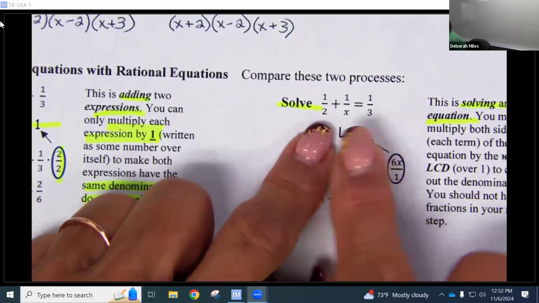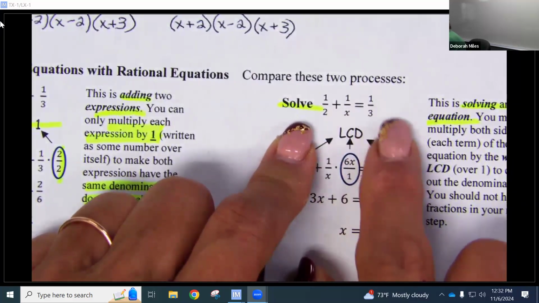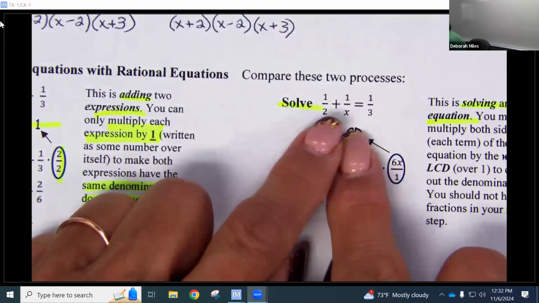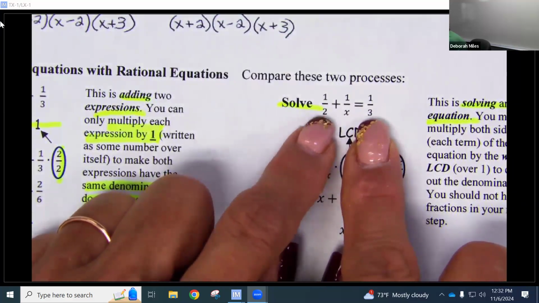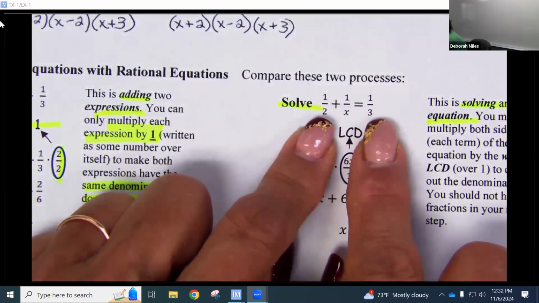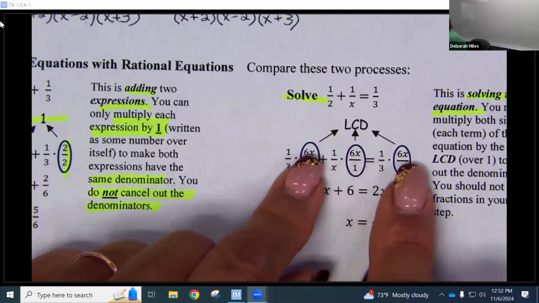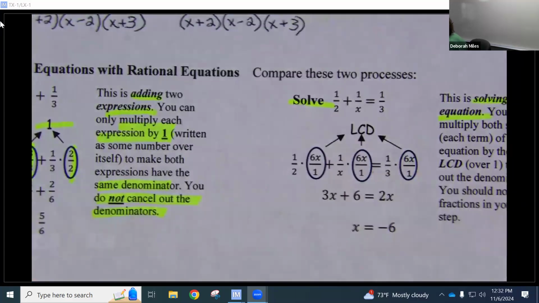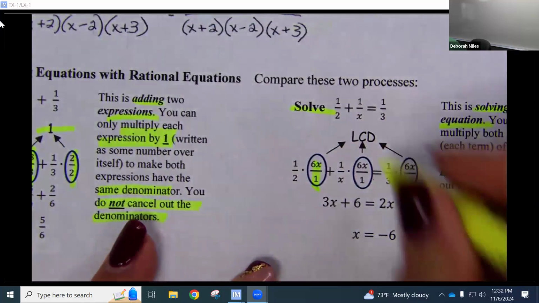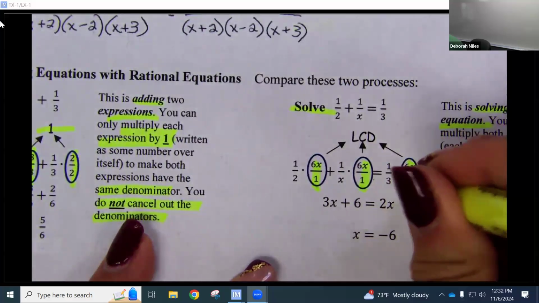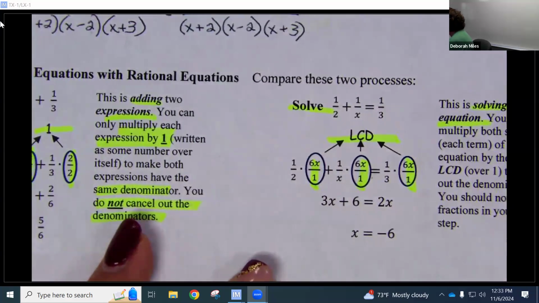I don't have to multiply the first fraction by 3x over 3x and the last one by 2x over 2x. I can look at all 3 of those and say the common denominator would be what? What will 2 and x and 3 all divide into evenly? 6x. I can multiply all 3 terms by the LCD. So here I multiplied by 6x over 1, 6x over 1, 6x over 1. I multiplied every term by the LCD.